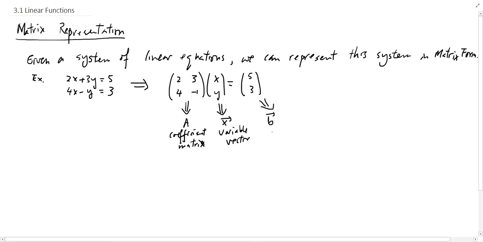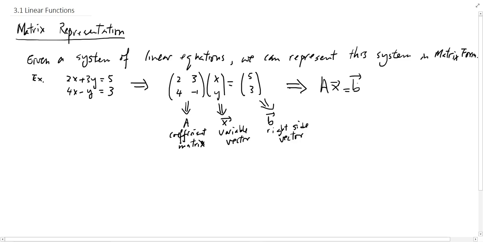It's usually referred to as vector b, the right side vector. It's kind of weird to call it a right side vector if you write the equation backward, so we usually write it this way. Therefore, this expression turns into matrix A times vector x equals b.